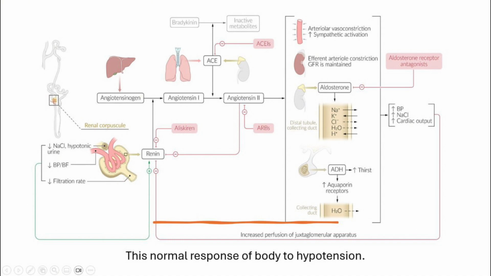And this angiotensin II will also cause aldosterone release, and aldosterone will cause sodium and water to be taken up from the nephron. So this will cause sodium retention in the blood, and this will cause an increase in BP. And that is the normal response of the body to hypotension.